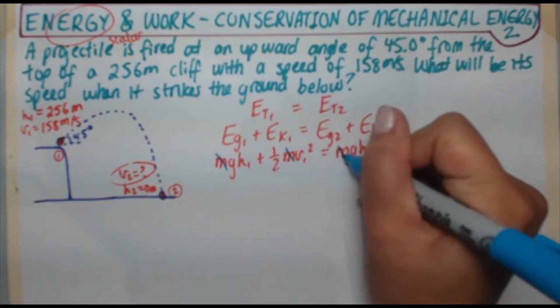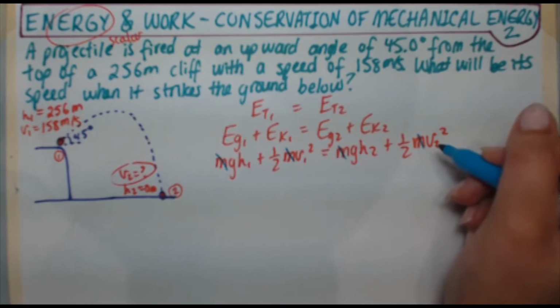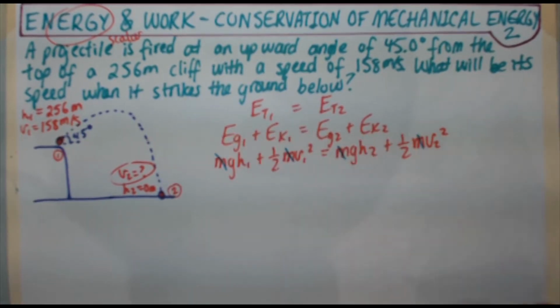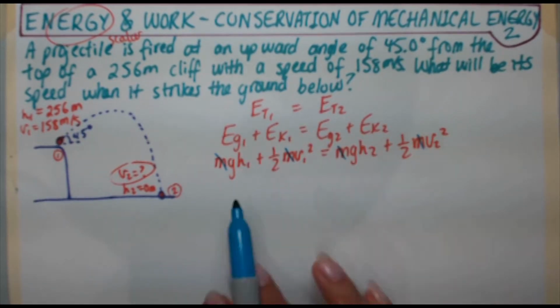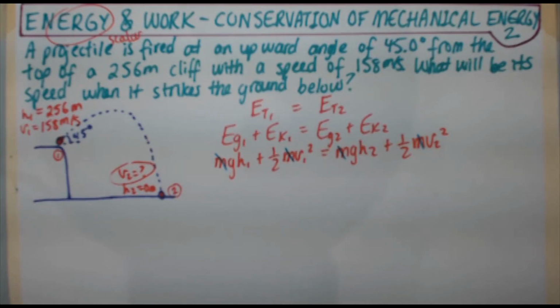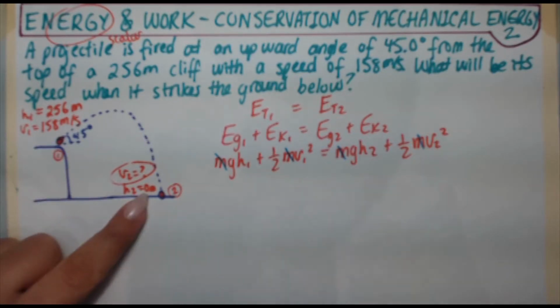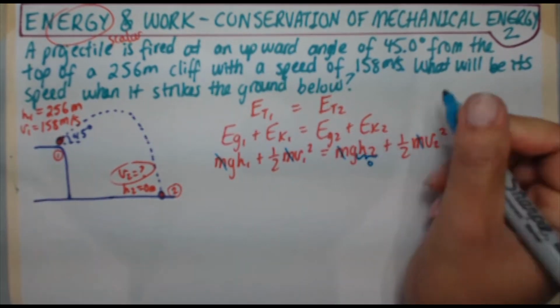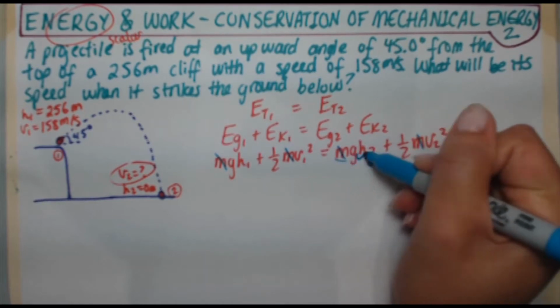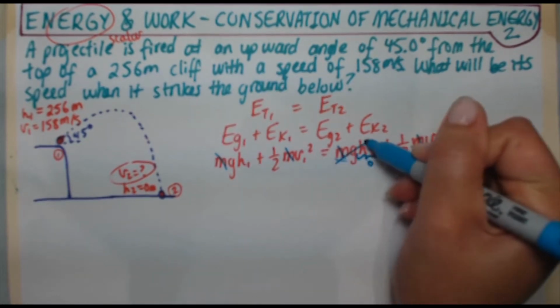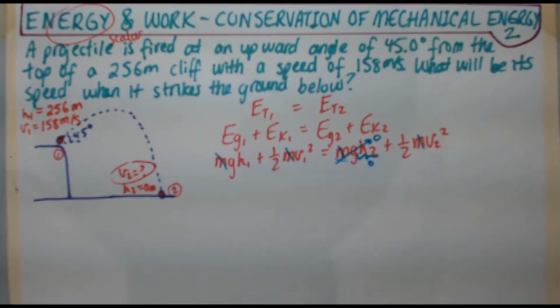The idea is this: if you have something that appears in every single term, you can cancel it out, especially when there's a plus or minus in between them. So mass disappears, which is fine because we weren't given one. We also know that h2 is 0. So if that's 0, this whole expression becomes 0 because 0 times anything is 0. So that just disappears.